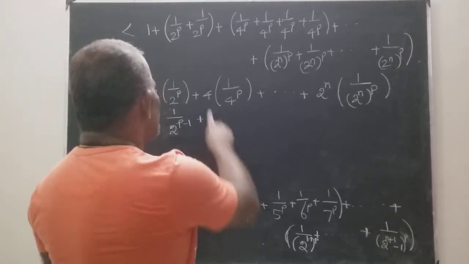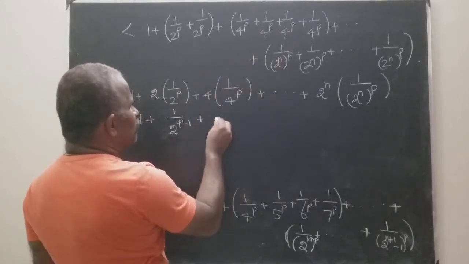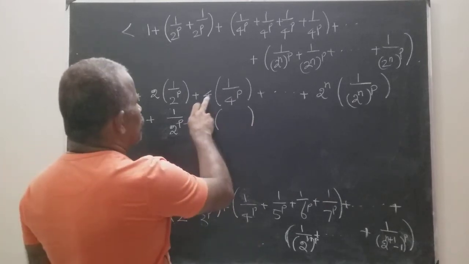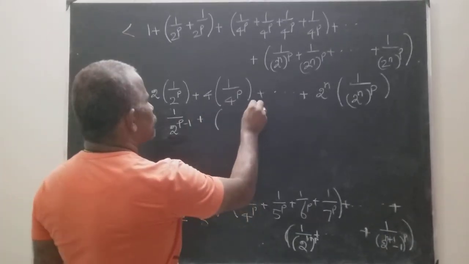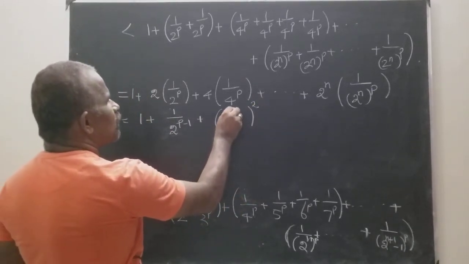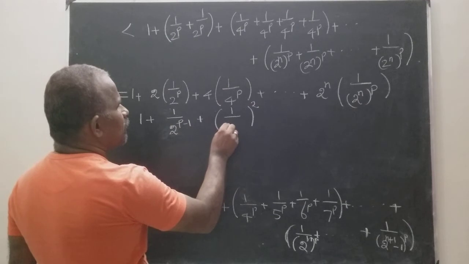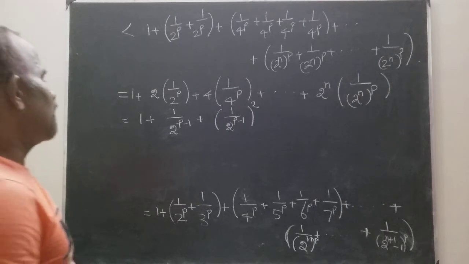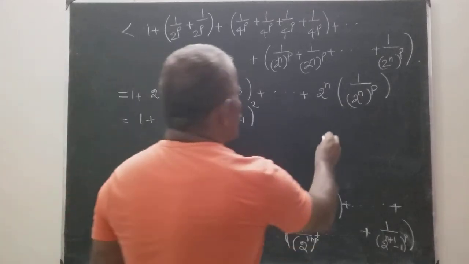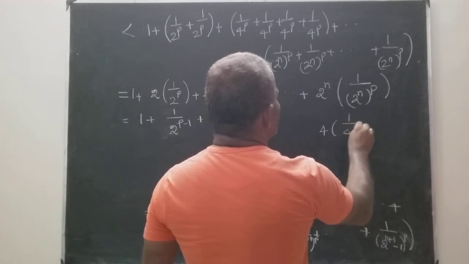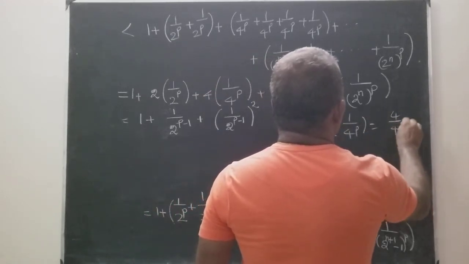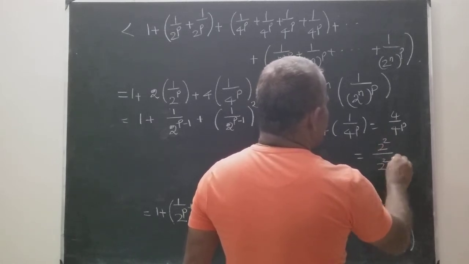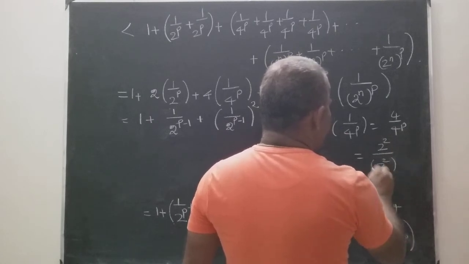Therefore we can take the square: 4 divided by 4 power p, or otherwise 1 divided by 2 power p minus 1. So that means 4 into 1 by 4 power p means 4 divided by 4 power p. This is equal to 2 square divided by 2 square the whole power p.